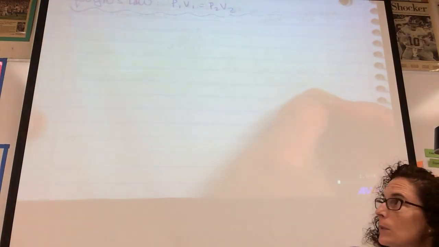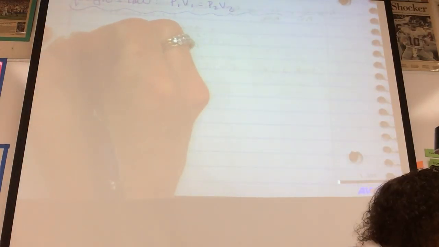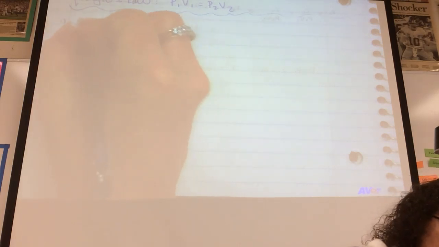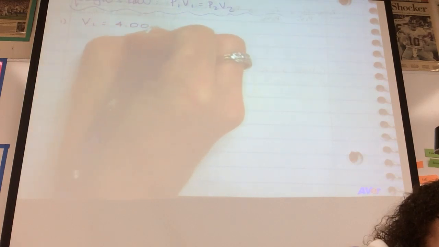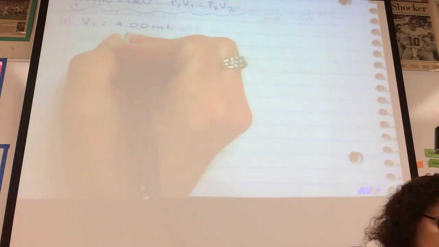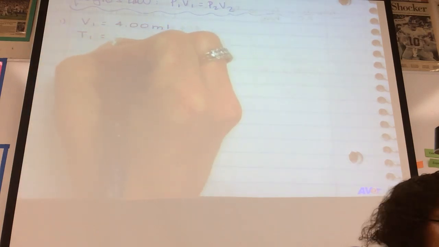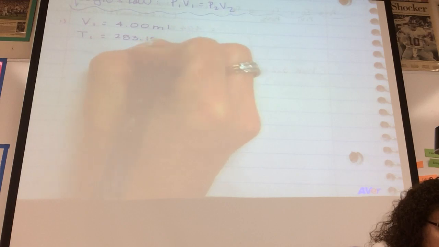So this is going to be Charles' law. In the first example, we have V1 is equal to 4 mL. T1, we were given 10 degrees Celsius, to which we add 273.15, so we have 283.15 Kelvin.